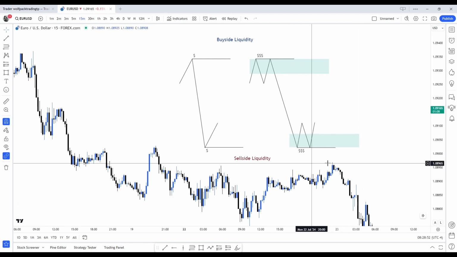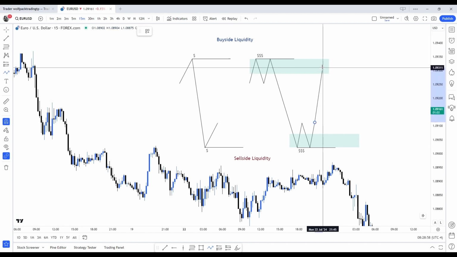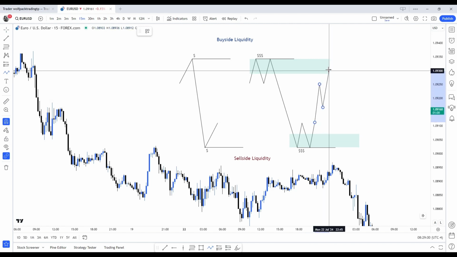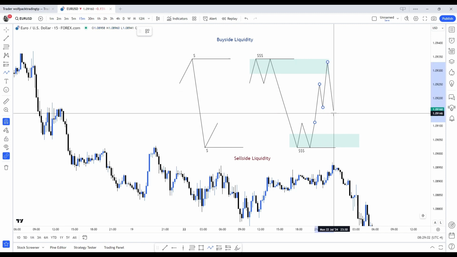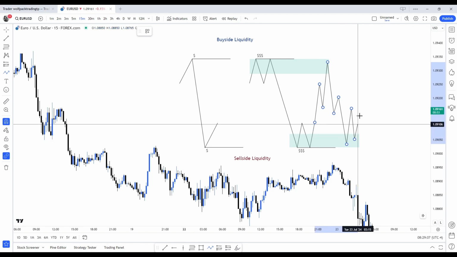These areas will be viewed as support and resistance, and the retail mind will see price coming up to here, let's say it comes up to here and then gets resisted lower, and then comes to here and then gets supported higher.